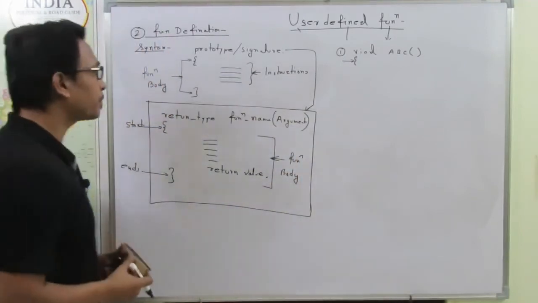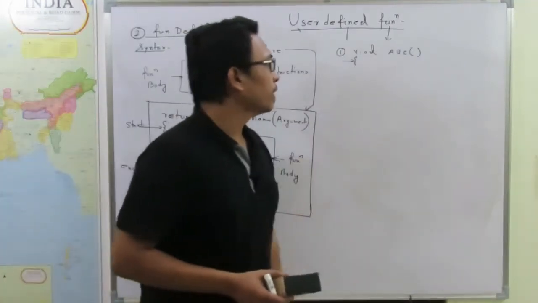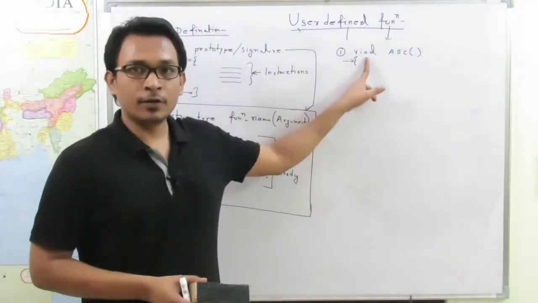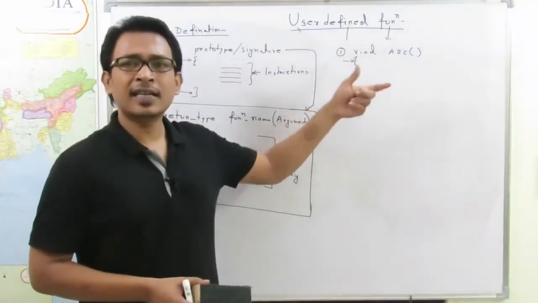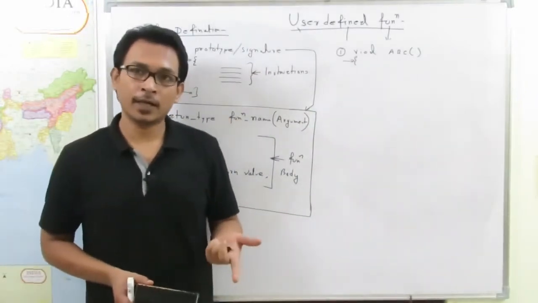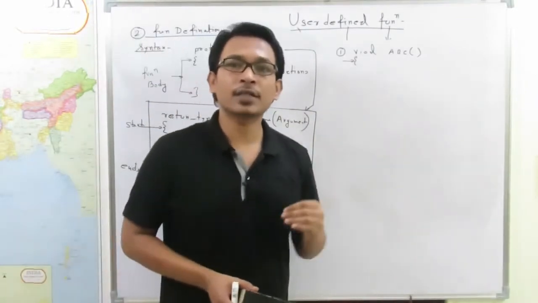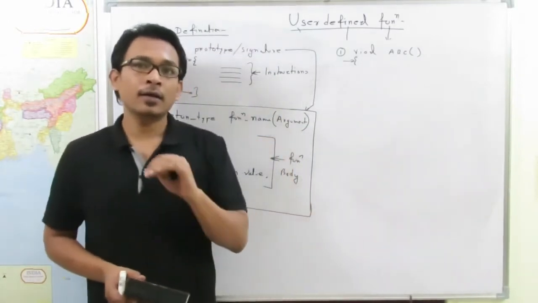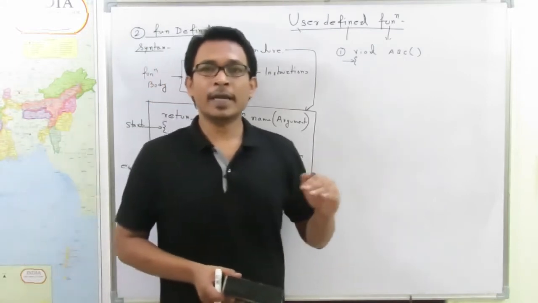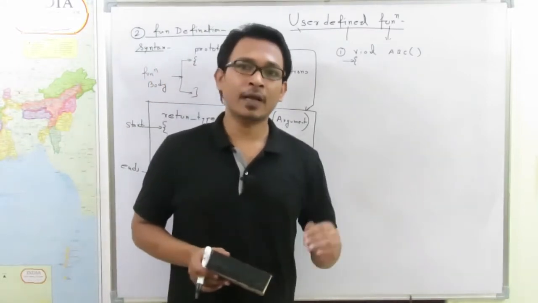Clear? Now come here. This function will not return any particular value. So what will be inside the body? Let's say we implement this function to display a name only. Clear? So what instruction do we need? We need only the display instruction, and in the C programming language we can display anything with the help of the printf library function.